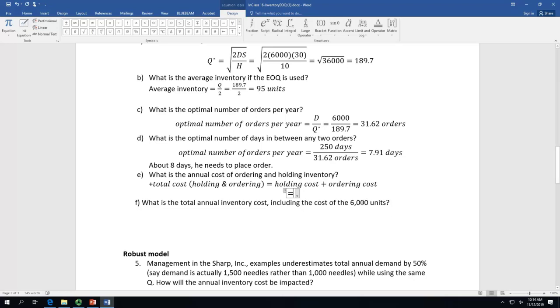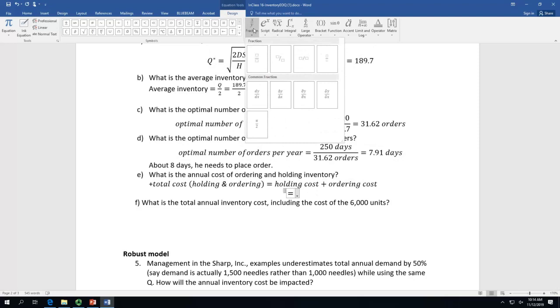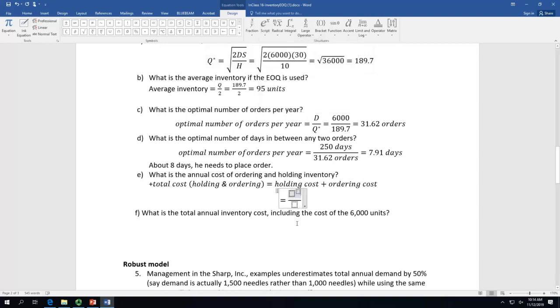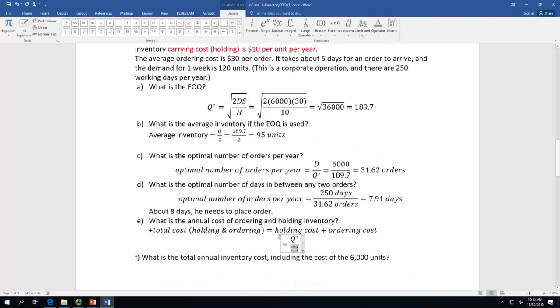And for holding cost, this is Q star divided by 2, times the holding cost H, plus ordering. How many orders?